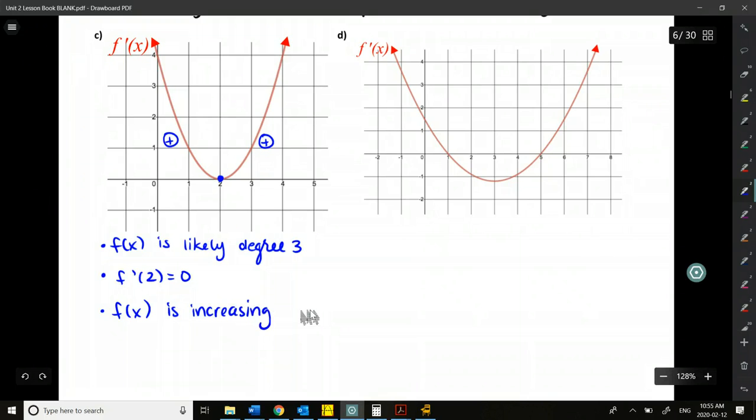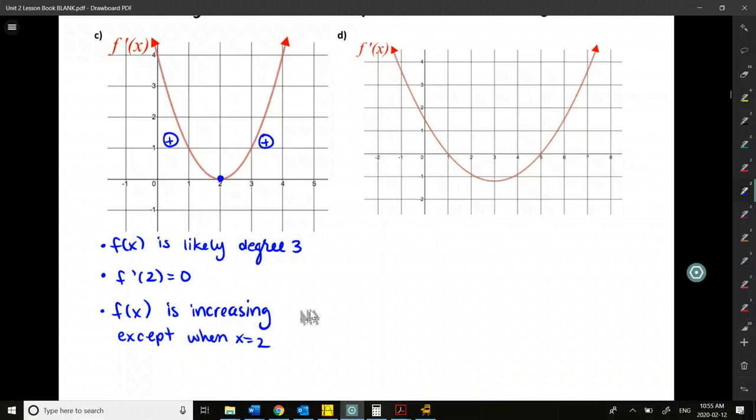Okay, so f at x is increasing everywhere. I'll answer your question in a second. f at x is increasing everywhere except for obviously when x is equal to 2. So I need to draw a function that's increasing everywhere, but it has a horizontal tangent when x equals 2, but then continues increasing.